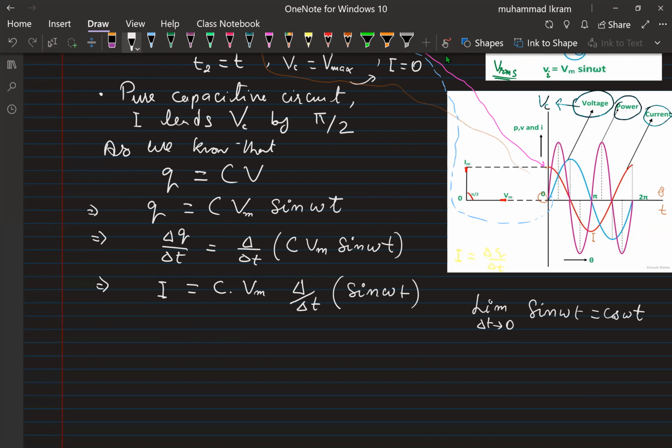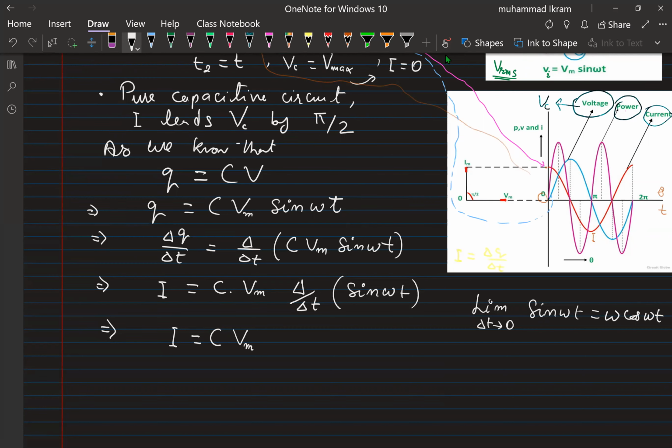We are not interested in the sign here because we say that current is a scalar quantity. Now from this equation, I equals C into Vm, and omega will be taken outside.